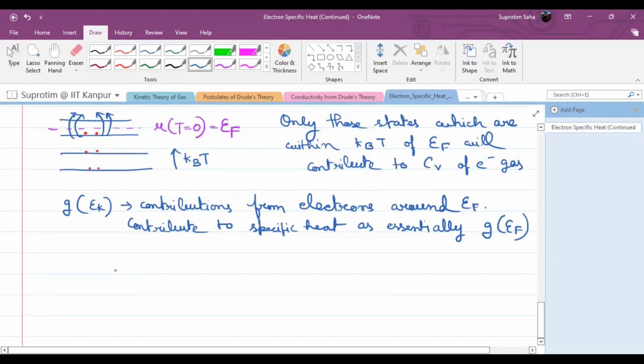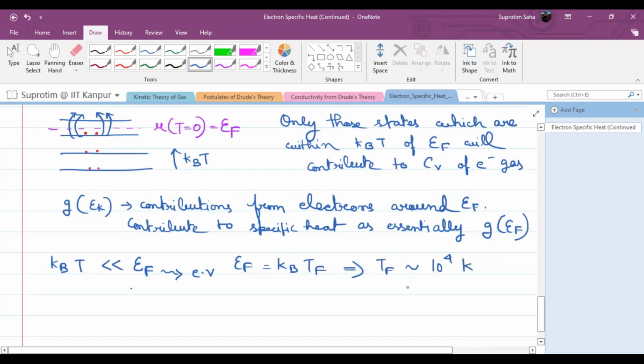Why is this so? Because you already studied that kBT is much lesser than the Fermi energy. This Fermi energy is in orders of electron volts, and if you write Fermi energy as kB TF, the Fermi temperature is of the order of 10 raised to 4 Kelvin.